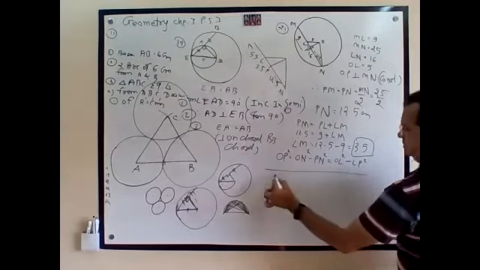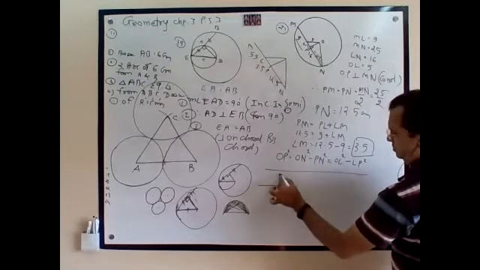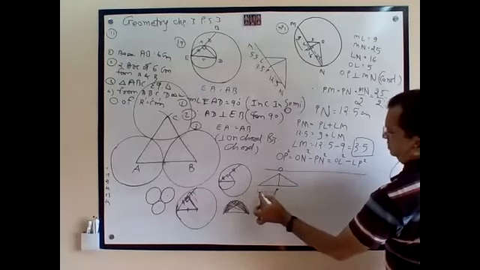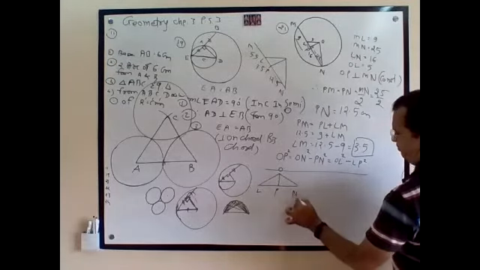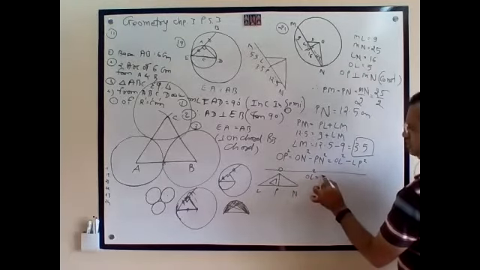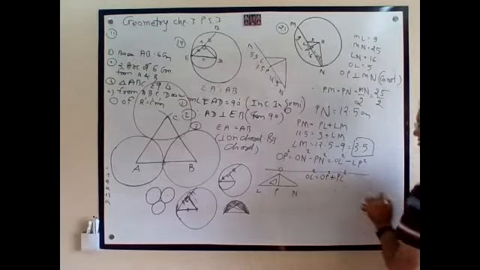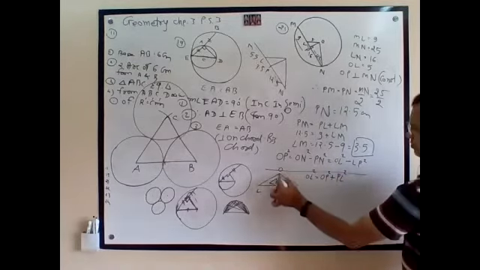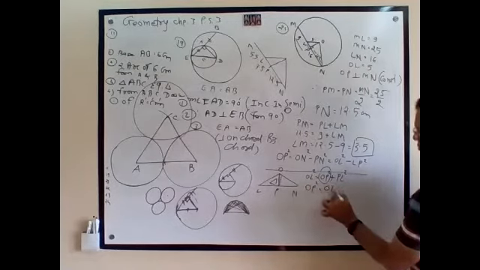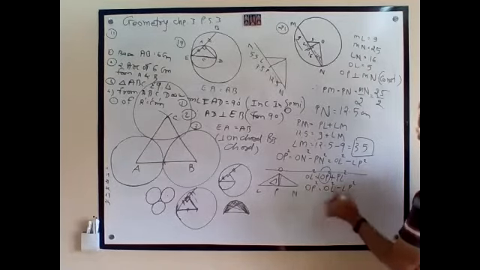How? This is O, this is P, this is L, this is N. In this right angle triangle, OL square is equal to OP square plus PL square. OP is common, so I want OP square. So OP square is equal to OL square minus LP square.